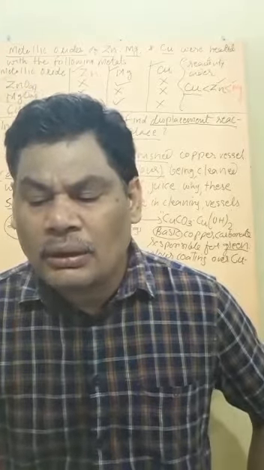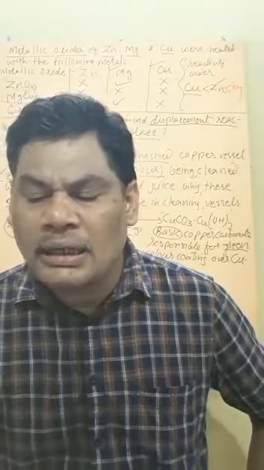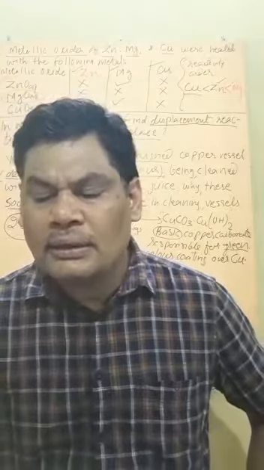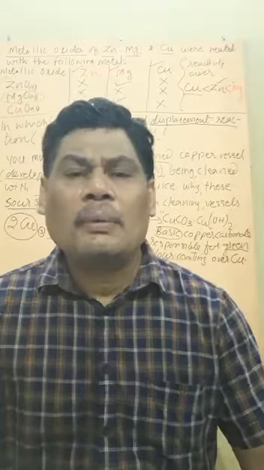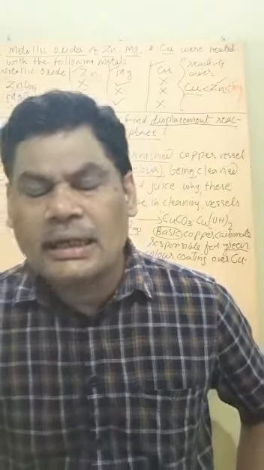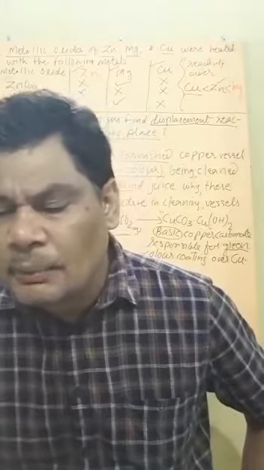Therefore ionic compounds have high melting and boiling points. Student, I told you, you have to know the nature of ionic compounds. Ionic compounds are solid in nature and have very high melting and boiling points.